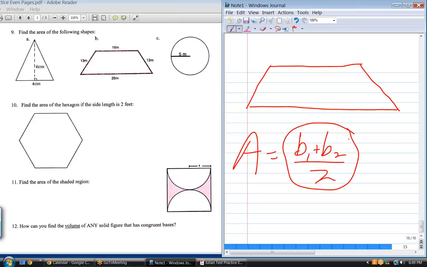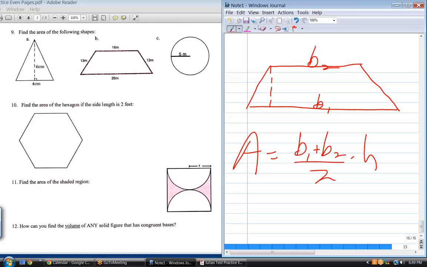That gives you the average base times the height. In other words, it's not that different from a rectangle. A rectangle is base times height. But with a trapezoid, we have 2 different bases. So we got a base 1 and we got a base 2. And the height that's referring to is that height right there, the vertical height.